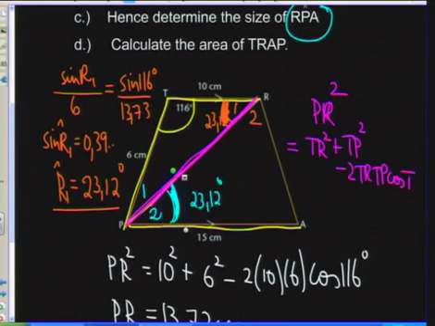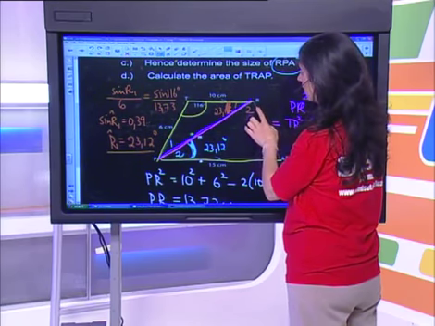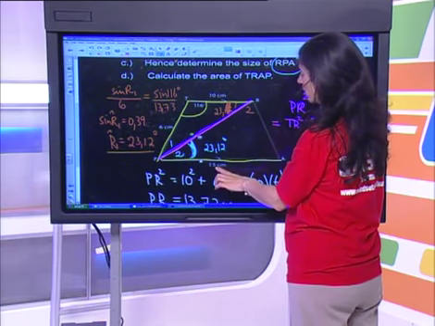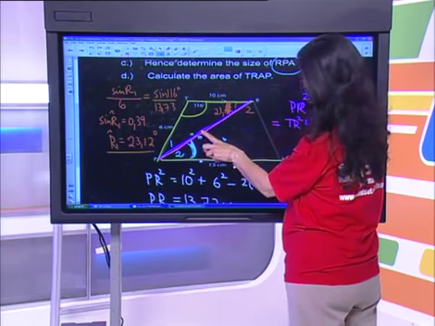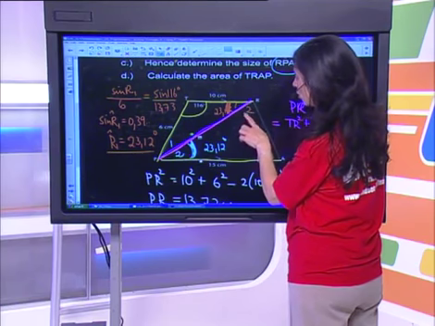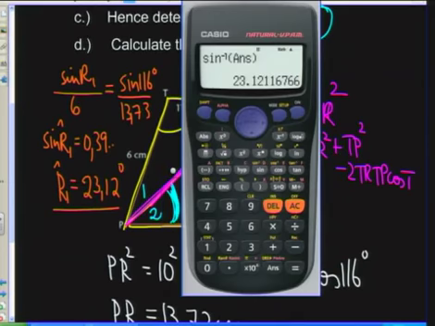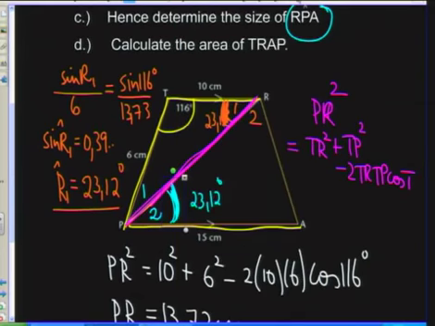So it's 10 times 6 times the sine of that angle, and then we would like these two. This one's been given as 15. This one we've worked out earlier as 13,73. And then we've got the sine of 23,12. So we can actually go onto our calculator and put all that in. Actually, before doing that, let's just write that up.